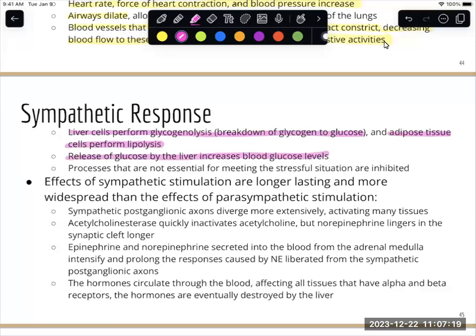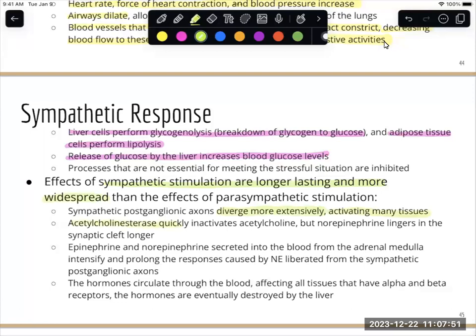Sympathetic responses, they're pretty widespread and they last longer because, as we mentioned, those sympathetic neurons synapse out to 20 to 30 times more neurons than those parasympathetic do. So they diverge more extensively to activate more tissues than parasympathetic.